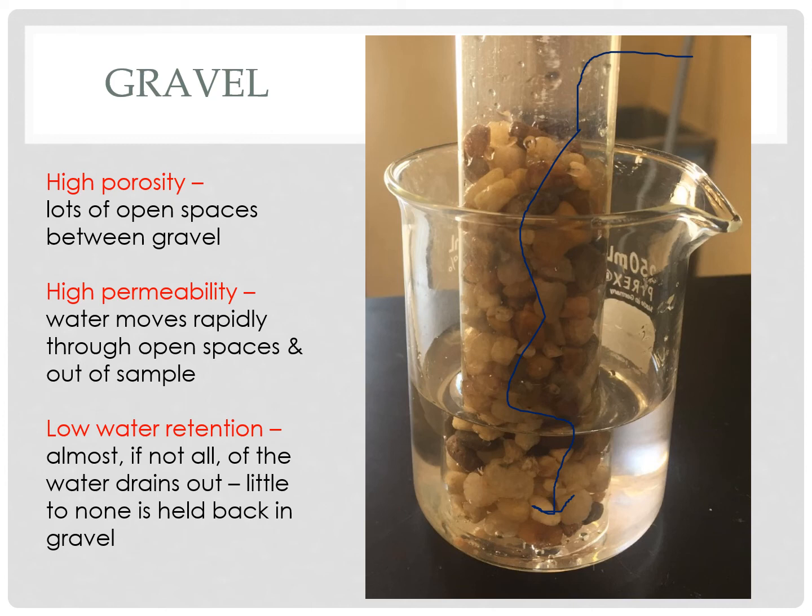All the water drained out. So very little water was retained. So high porosity, lots of pore spaces. Water could move easily through it, found a path through the soil, through the gravel. But the fact is, all of it did get out, so none of it was held back. So very low water retention.